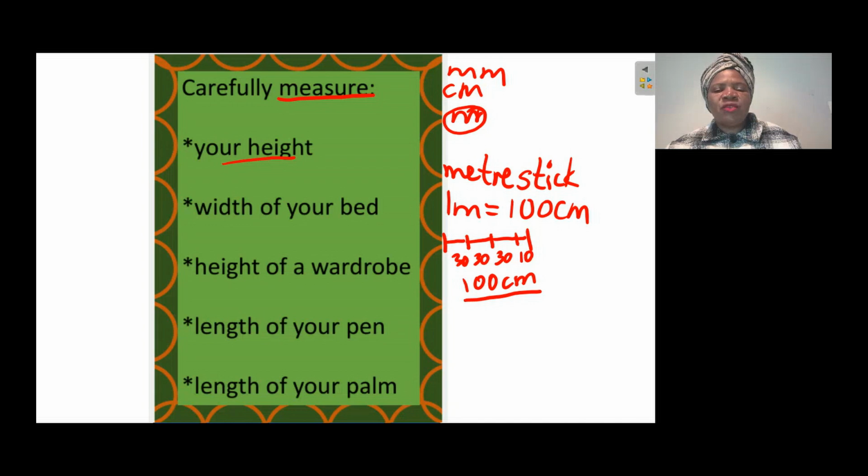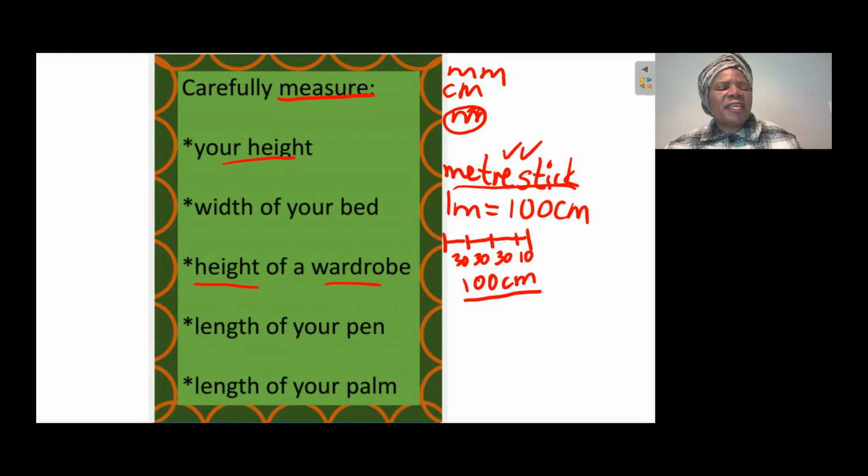Then you combine them together. The width of your bed, you may need the meter stick. You put a meter stick, and then the piece that will be left, you use your small ruler. Okay, and then you have how many meters and how many centimeters, like that. The height of a wardrobe, you may need the meter stick.